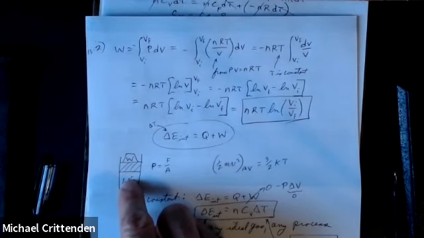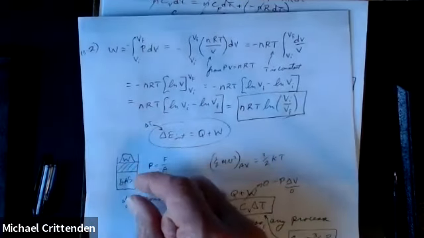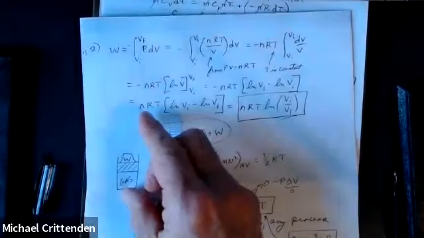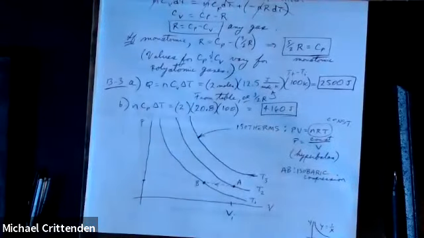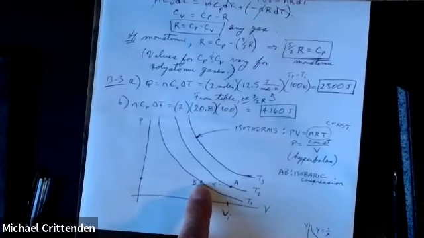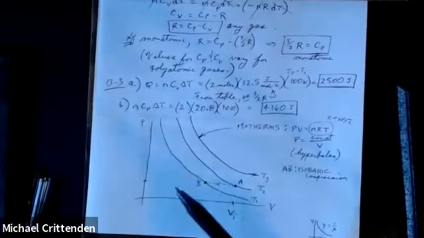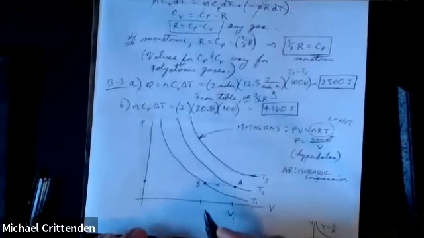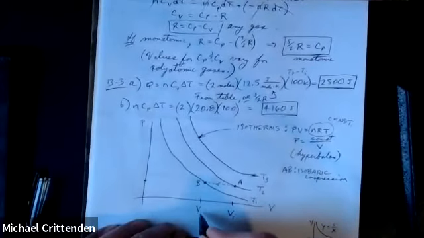The way to get the volume to go down is you cool it off. That'll make the gas contract, okay? And if you heat it up, that'll make the gas expand. So lower the temperature and the volume contracts down to V final is right there.